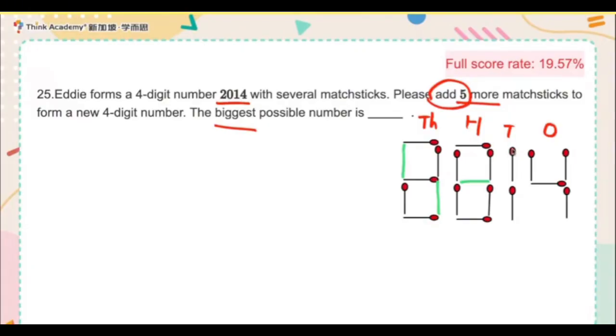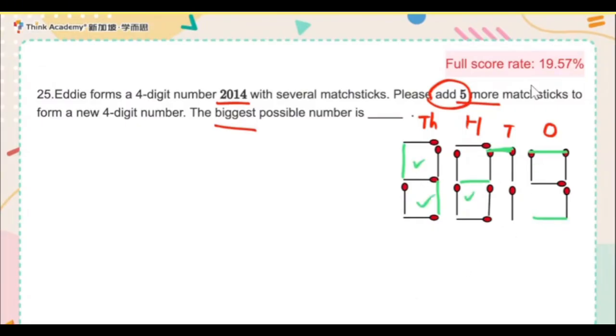Okay, then as for the 10th place, what is the biggest number? Can we form a 7? And then we still have another 1 stick. A lot of you just got, oh, Teacher Jane, then I put 79. Am I correct? Actually, this is no, because for digit 9, we also need another one at the bottom. So we don't have enough matchsticks. You can count 1, 2, 3, 4, 5, 6.